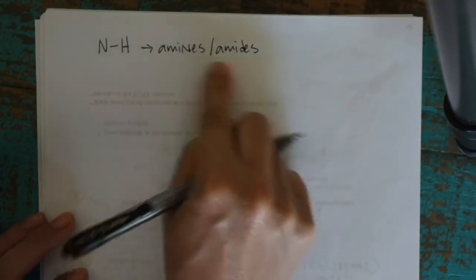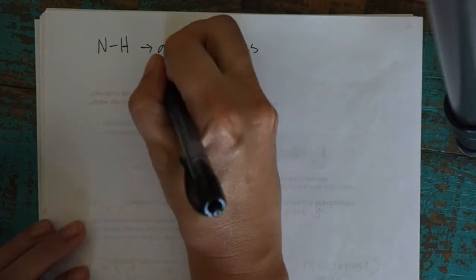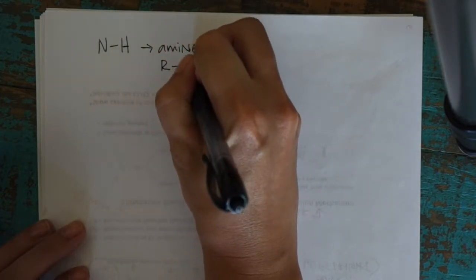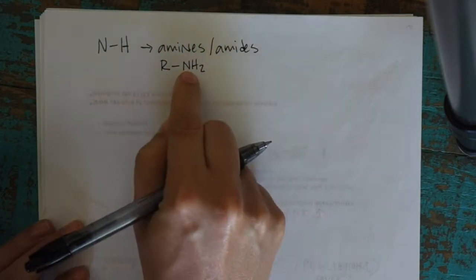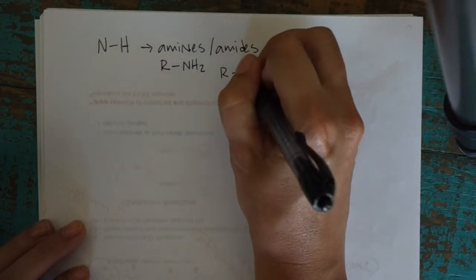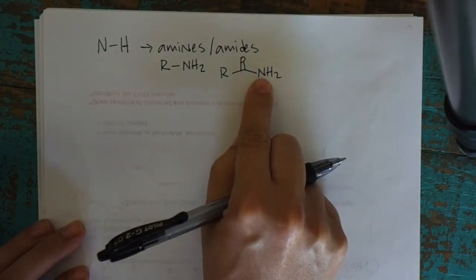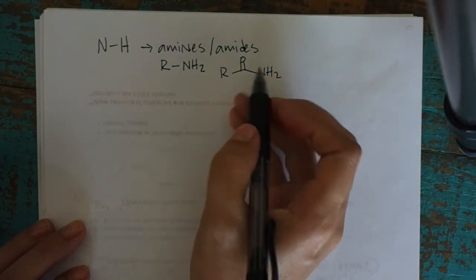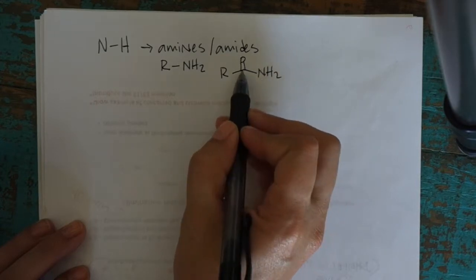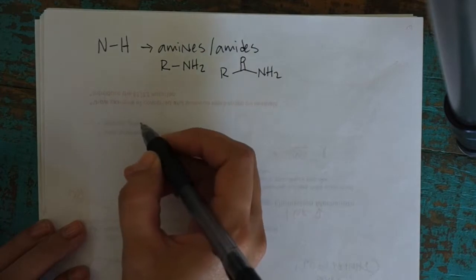Really, we're going to talk about the NH bond specifically, but keep in mind amines only have the NH bonds as part of their functional group, whereas with amides, the only difference is that you have the amino group attached to a carbonyl. So in this one, you'd have the same NH bonds, but you'd also have a carbonyl in your spectrum somewhere.